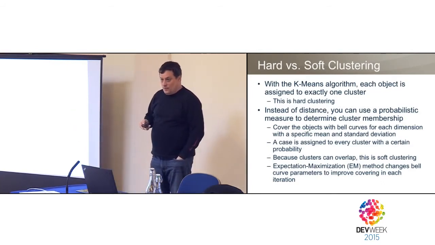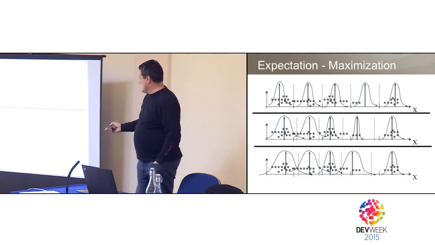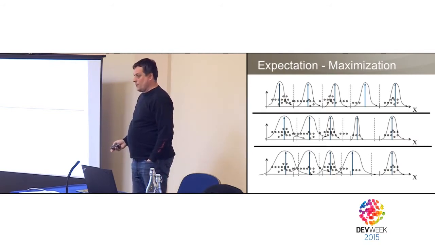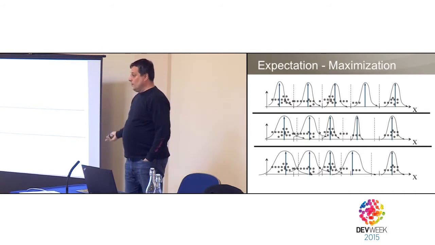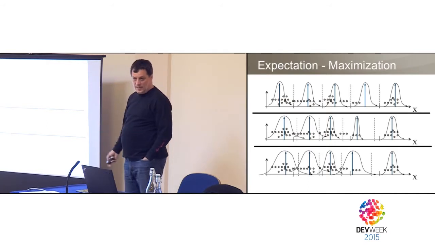So clusters kind of overlap. One case now belongs to all of the clusters. So this is the initial state. We have k-means, we create bell curves and try to cover the cases. And then in each iteration we change the parameters of this Gaussian distribution in such a way that we cover more and more points with some probability.